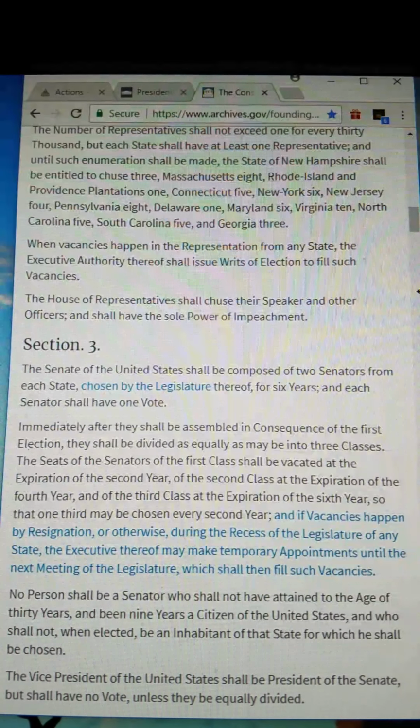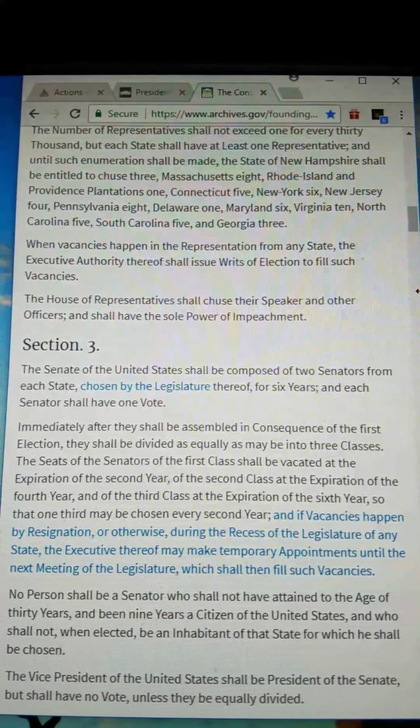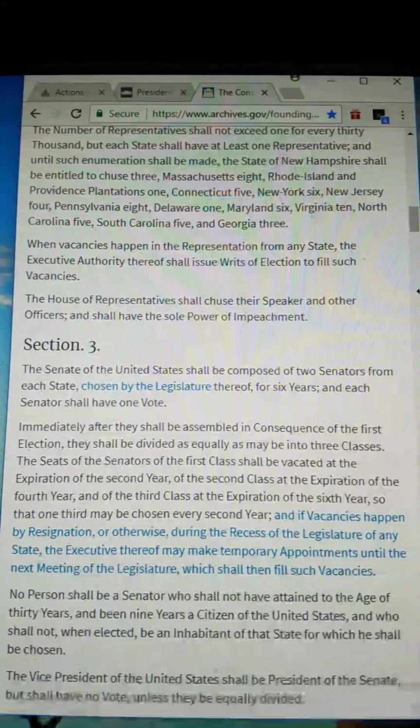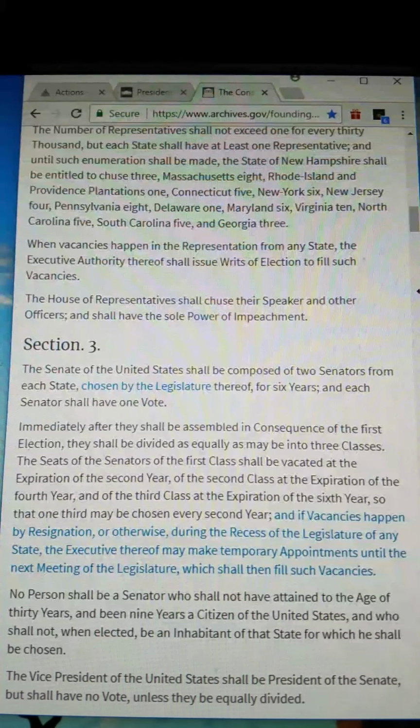It's not going to happen. Impeachment will not happen because Paul Ryan is in cahoots with those members in the White House. They're all in cahoots.